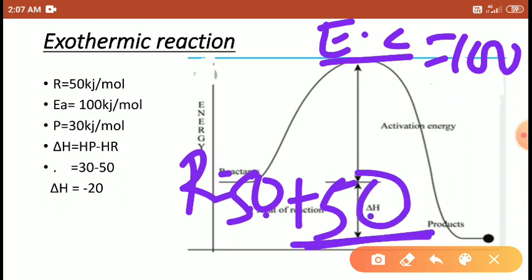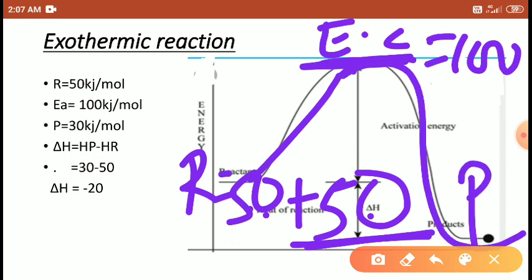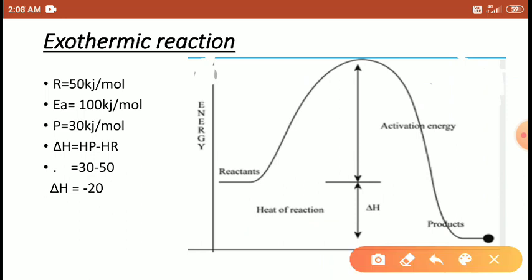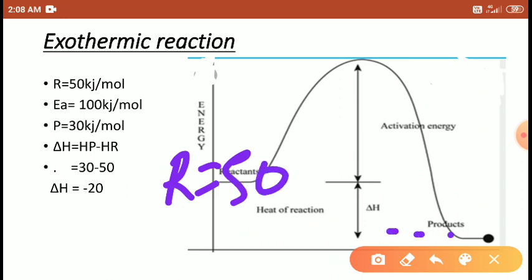Then 50 plus 50 is 100, and it easily reaches this state. After formation of the intermediate state, breaking of old bonds and formation of new bonds, it reaches the product P.